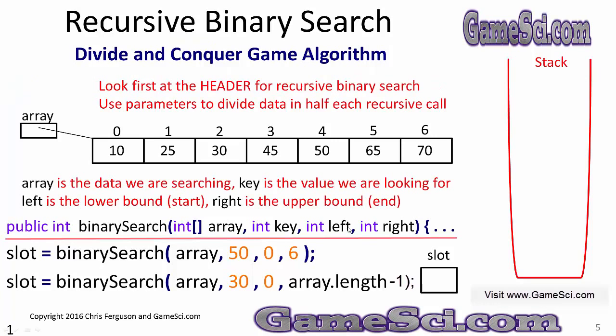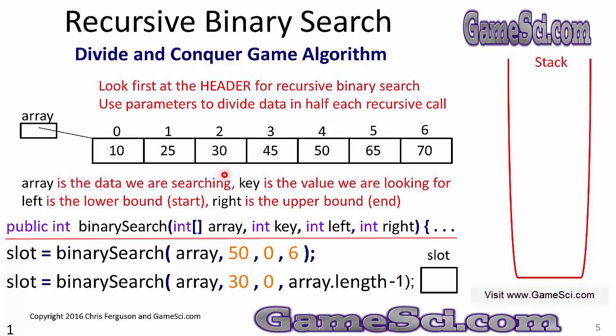Look first at the header for the recursive binary search. Use parameters to divide data in half for each recursive call. So basically I'm going to call binary search to search the entire data, then call binary search on a smaller piece of data, then maybe call it again on an even smaller piece. The parameters, according to the header of the method, are going to be array, which is the data we are searching.